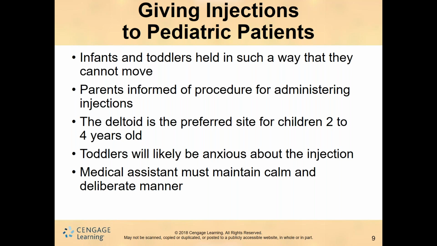Toddlers, especially so the first immunization, the kids don't have a clue, but then after that they kind of know. So they'll likely be anxious when they know enough to be anxious about it. But you would need to remain calm and very deliberate and just no nonsense, let's get this done and just let's do it.